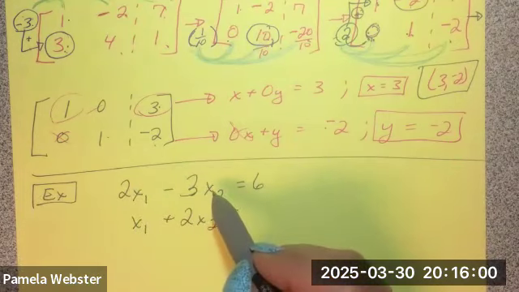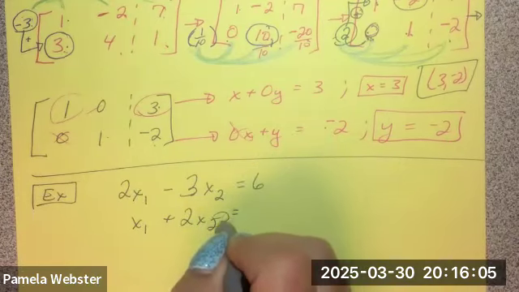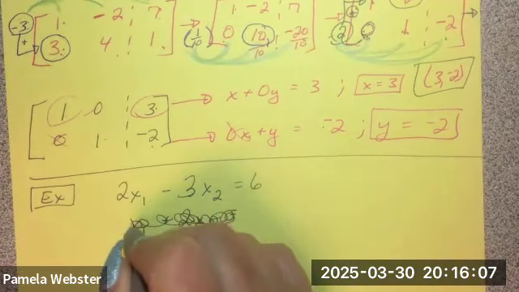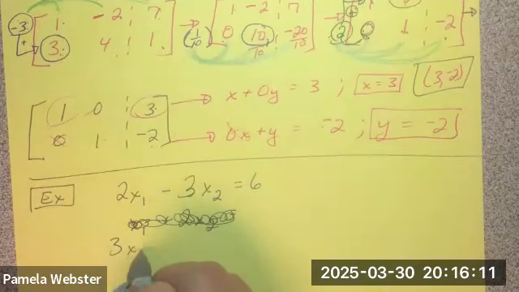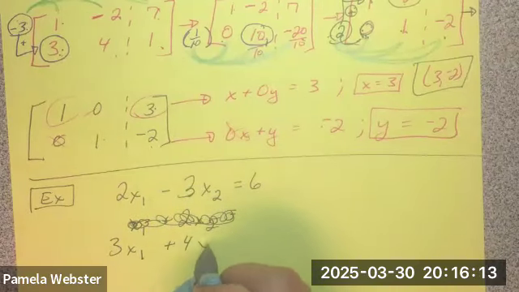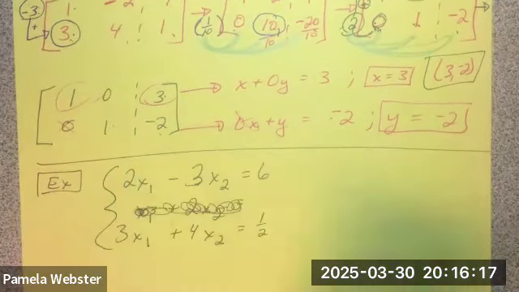I got into 2 different problems here. 2x sub 1 minus 3x sub 2 equals 6. That was correct. I apologize. This bottom row, I went onto the wrong problem. 3x sub 1 plus 4x sub 2 equals 1/2. Okay, that's my system. Sorry about that. Just looked up and grabbed the wrong problem.